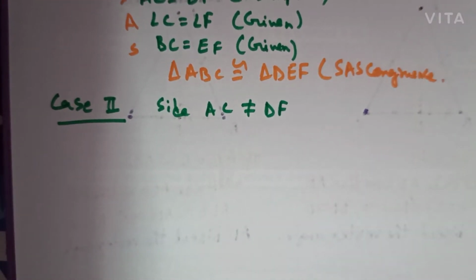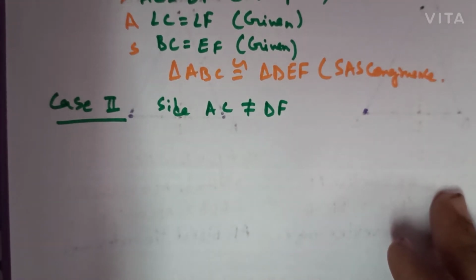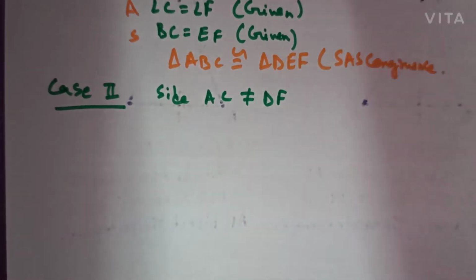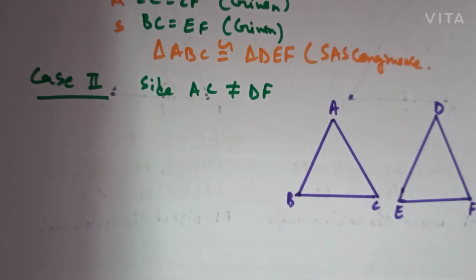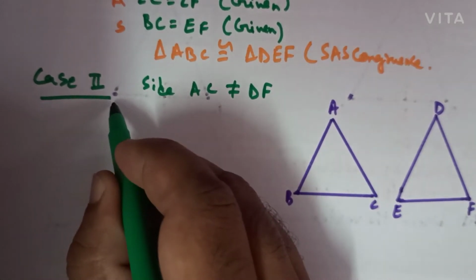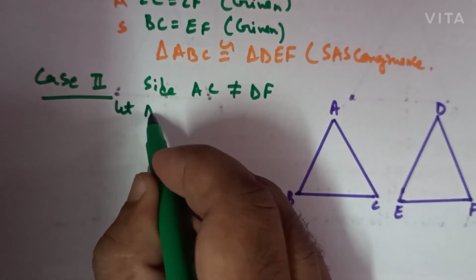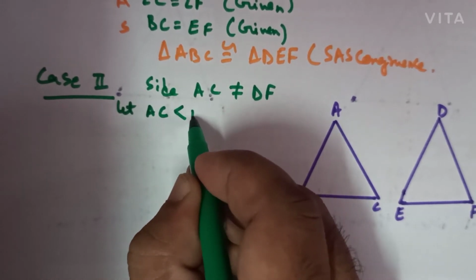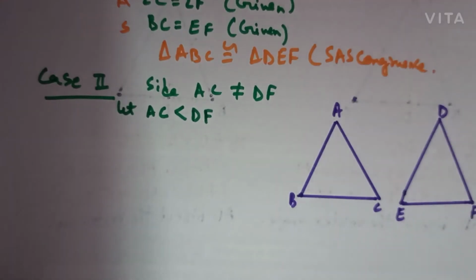First we will assume that AC is less than DF. So AC is not equal to DF, and we have assumed AC is less than DF. In the third case we will look at AC greater than DF. So if AC is less than DF, then what will happen?